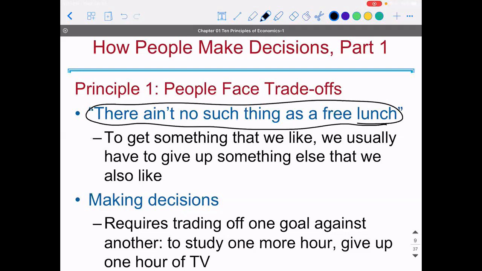So when you make a decision from an economic perspective, you need to think about what the trade-off is, what you could have been doing instead.